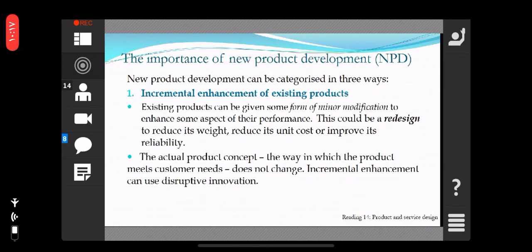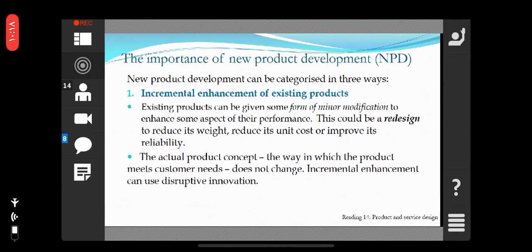The product concept, the way in which the product meets customer needs, does not change. The actual product concept stays exactly the same. Incremental enhancement can use disruptive innovation.